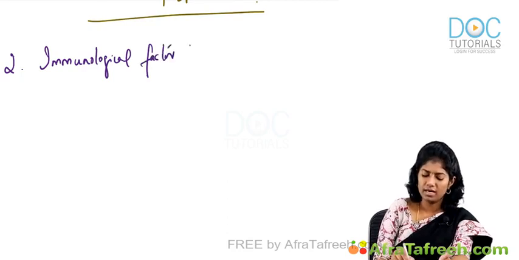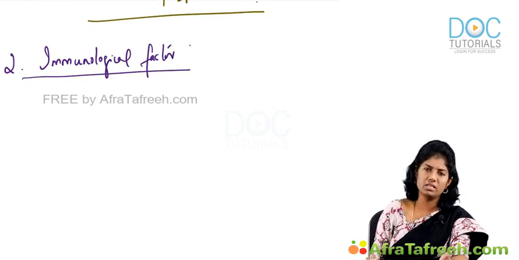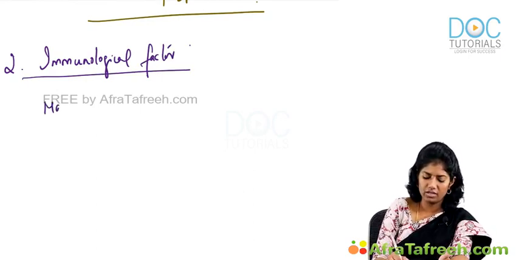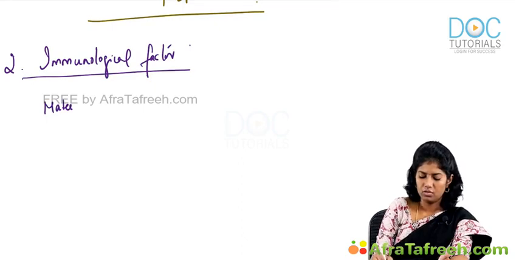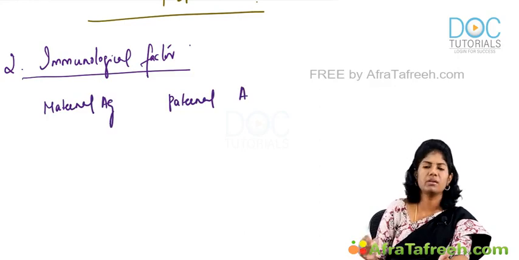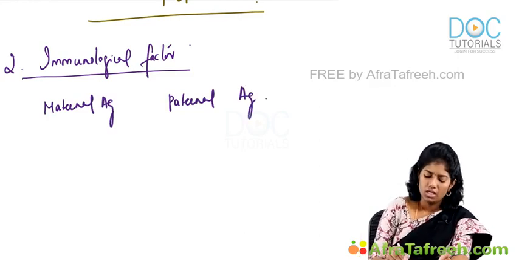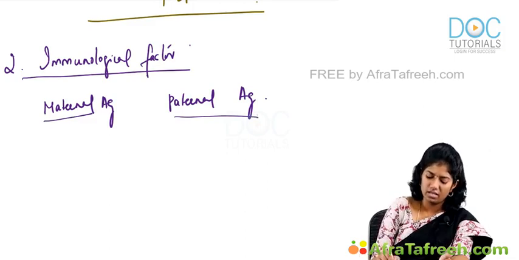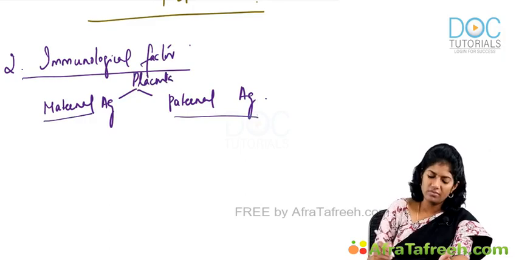Immunological factor says that all pregnancies have both maternal and paternal antigens. So, in the placenta you have maternal antigen, you also have paternal antigen. Now, because you have a foreign antigen called paternal antigen in the placenta, mother can adversely react to this foreign antigen.